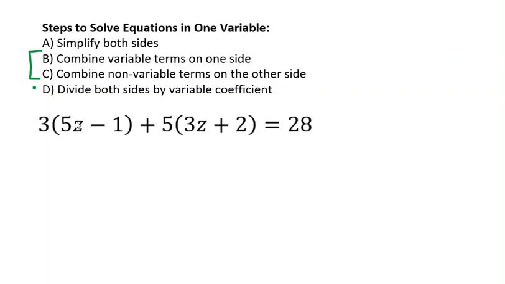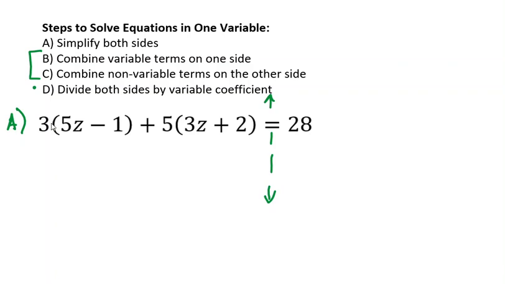Okay, so let's get down to brass tacks. We'll do a problem. And so I'm going to do step number one. I'm going to simplify. Now, I'm going to treat this as this big dividing line that I can't cross. On the right side, I've got 28, which is really simple, so there's not really anything I can do.